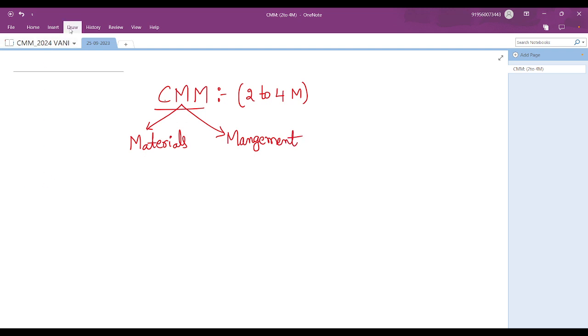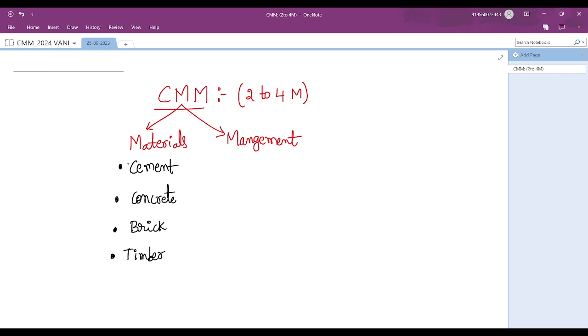Now in the materials category, we study about cement, concrete, brick, and finally timber.